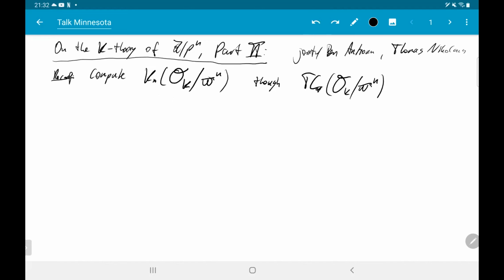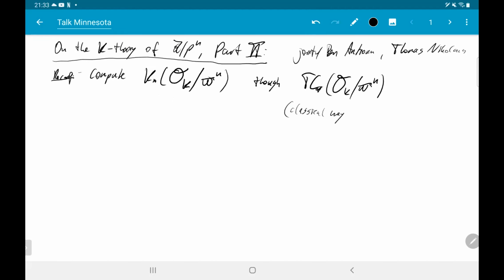All of these are finite abelian groups, and the non-p torsion part is easy to understand by Gabber rigidity. Right, so we want to compute TC, and the classical way of approaching this is, if you remember, TC is one of these refinements of THH.